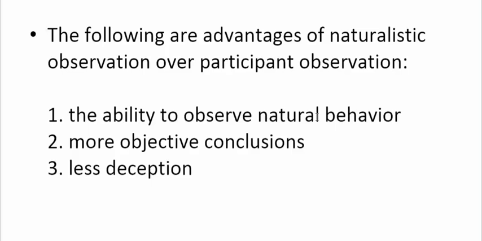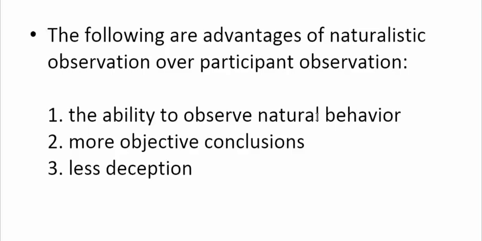So when a person does participant observation, they're intruding on the group, and the behaviors that the person observes aren't completely natural because they've been affected by that new member being added to the group, which is the researcher. But in naturalistic observation, you actually get to observe behavior unfolding naturally without intrusion by the researcher.